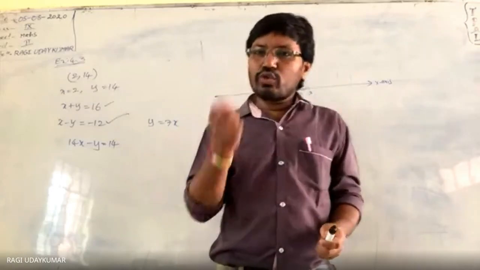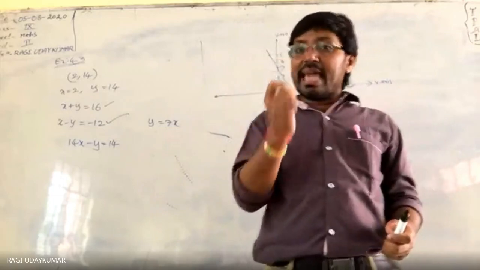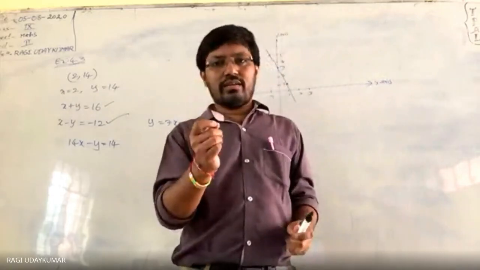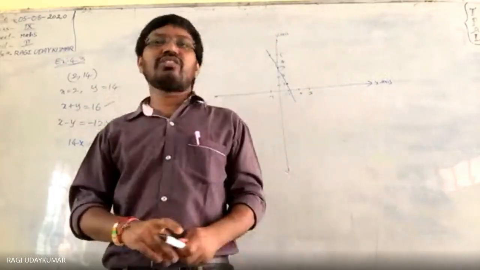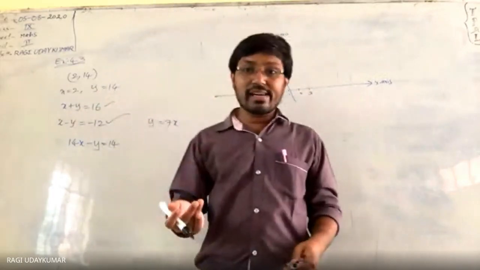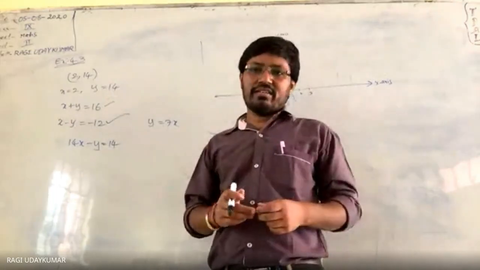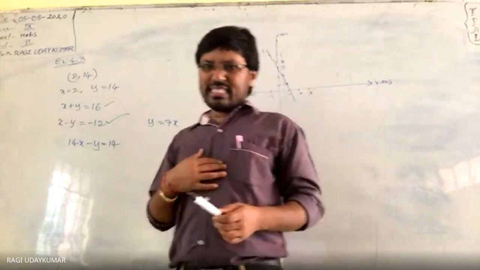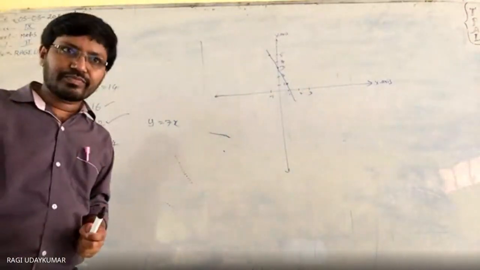Why? Passing through the one point, infinite number of lines will be there. So that's why we will get infinite equations. And how do we write those equations? Means just you need to develop the relationship between x and y. x and y का relationship develop करना. समझ में आया?